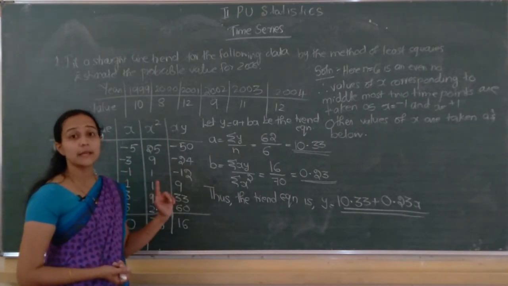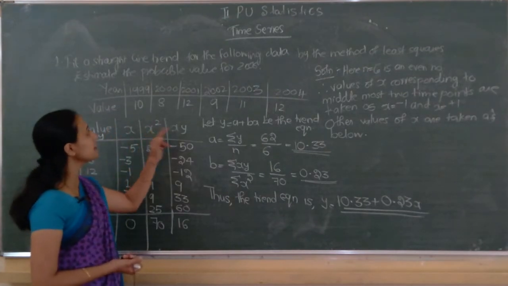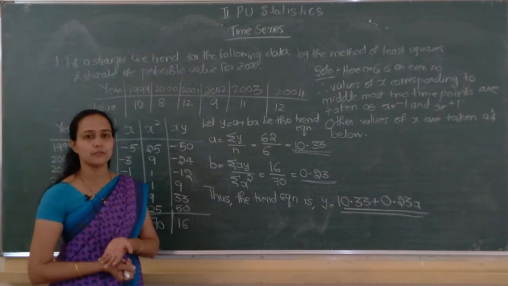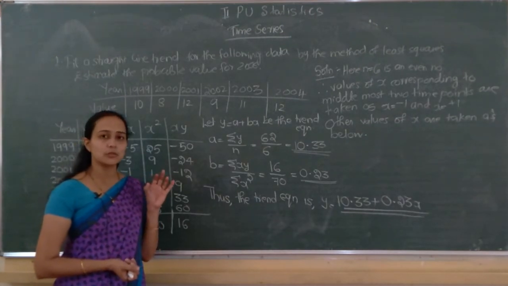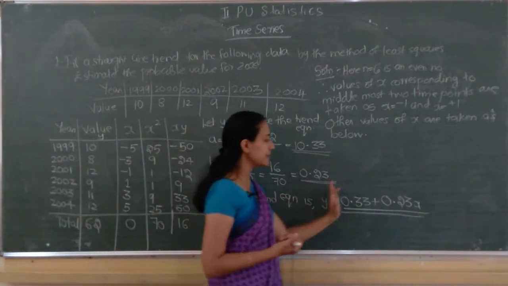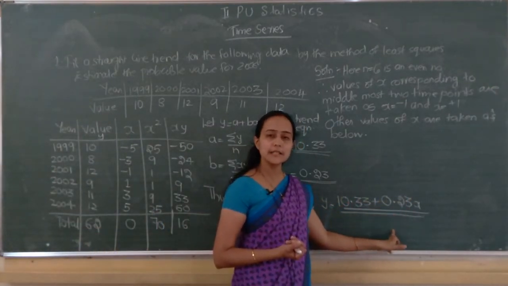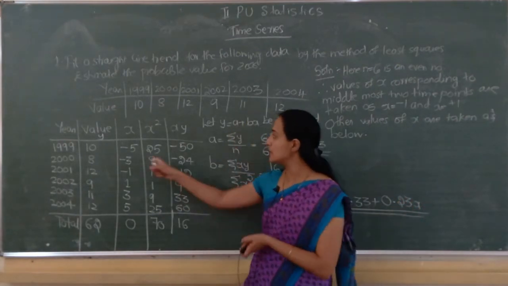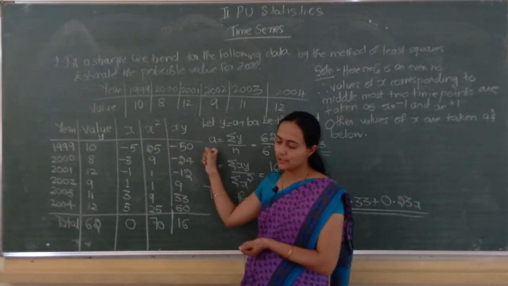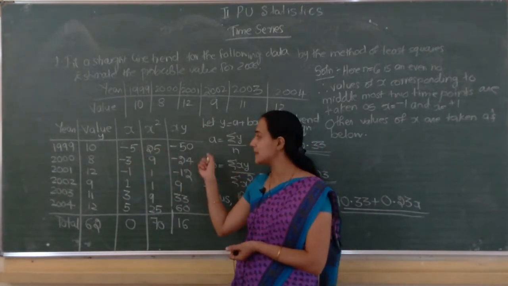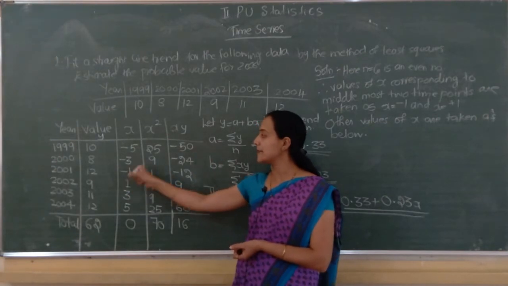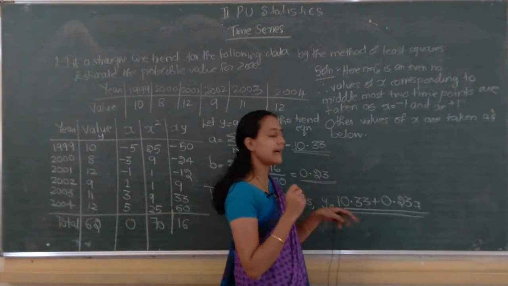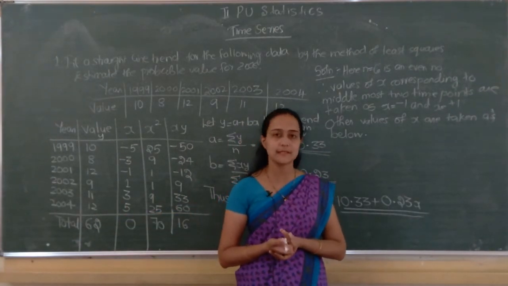One more part is remaining. You read the question: estimate the probable value for 2006. So for that, what do I have to do? Remember, this is our trend equation. By substituting different values for x, when x equal to minus 5, we get the first trend value. When x equal to minus 3, I get the second trend value. When x equal to minus 1, the third one, like that. By substituting different values of x in the equation I will get the trend values, isn't it?